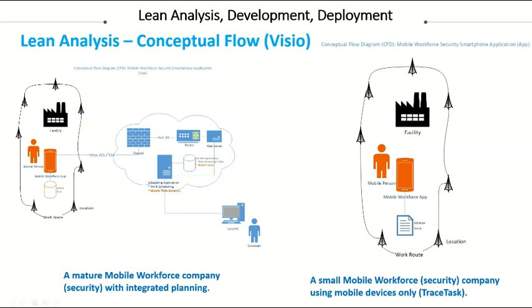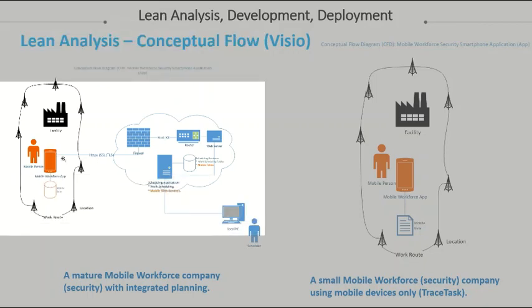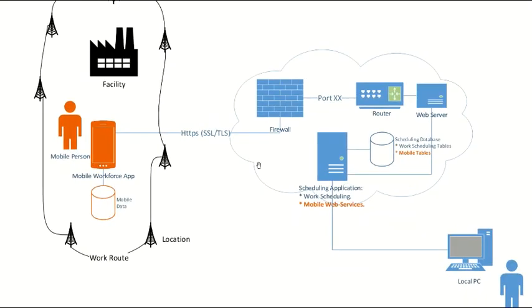And I'm starting on the left-hand side by saying if we're a medium-sized company, then we'll have planners planning work, and the work planning system will be integrated with your back-end invoicing, sales order processing, or ERP, Enterprise Resource Planning System.